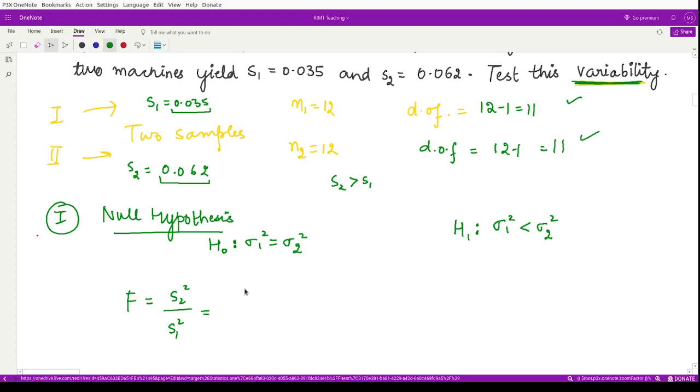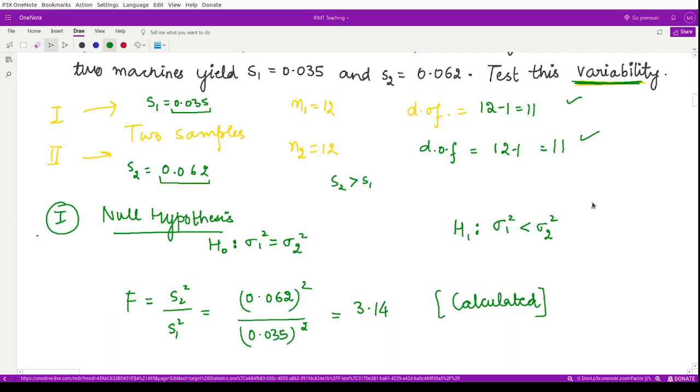So your values would be 0.062 whole square divided by 0.035 whole square. When you compute this, it would be 3.14. So this would be the calculated value for F. You may calculate this and verify whether you get the same result or not.